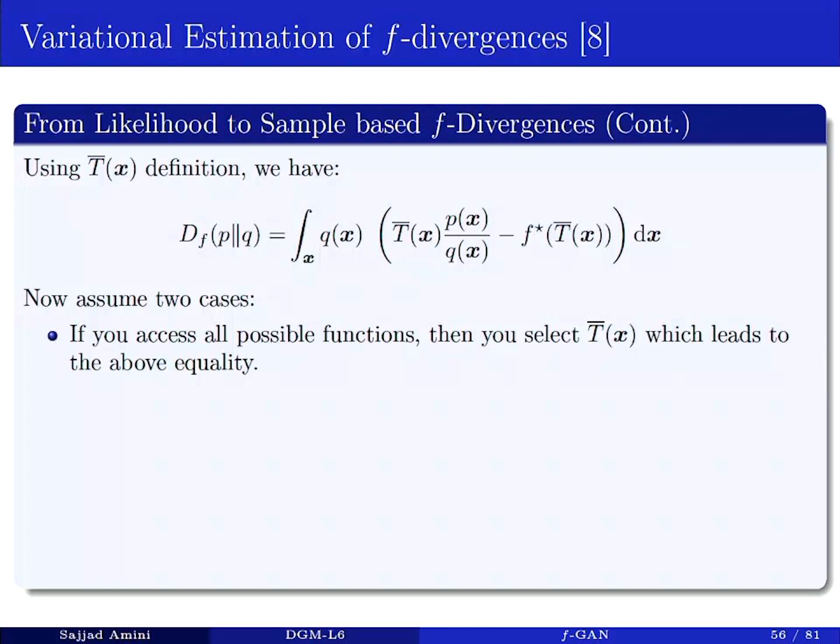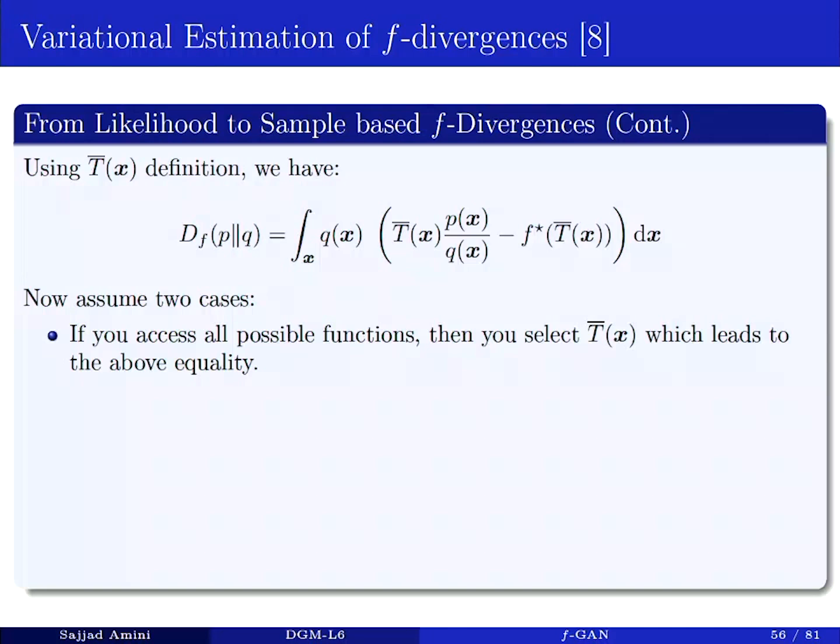Not for the f-GAN, just mathematically: what does it add to our information about a function? Because the convex conjugates of functions are calculated in some optimization problems, instead of the function itself you can use the definition of the convex conjugate, and sometimes you get better convergence speed.